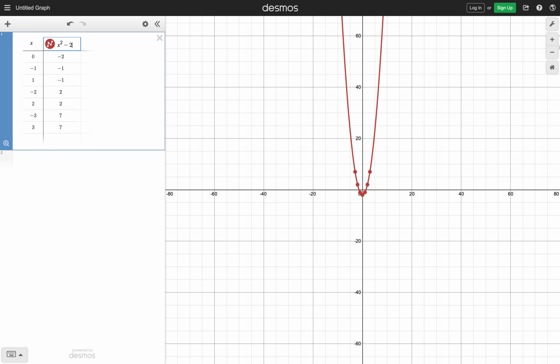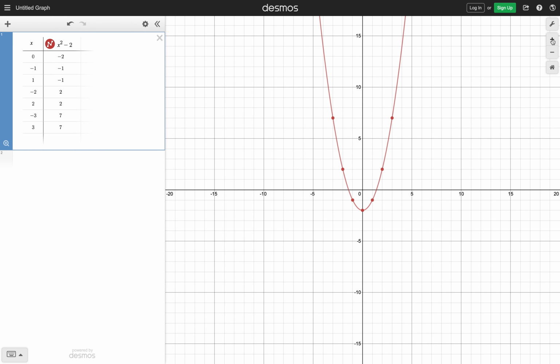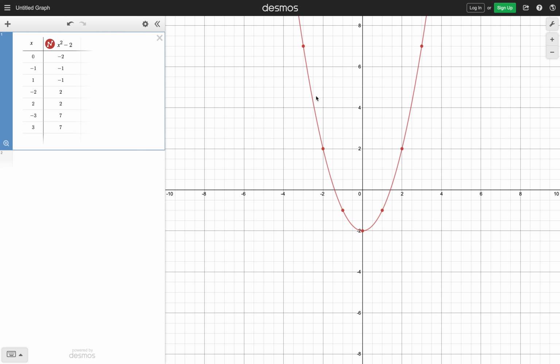And I'll just zoom in here. Okay, if you notice, we have opposite sign inputs, and you end up with the same output. Notice both of these halves are reflecting about the y-axis. So on the y-axis, the y-intercept is 0, -2, but along both halves of this parabola, they're going to be at the same level across the y-axis.